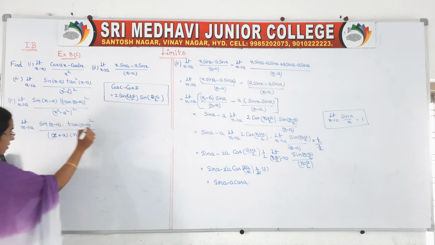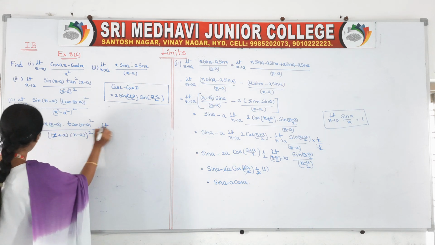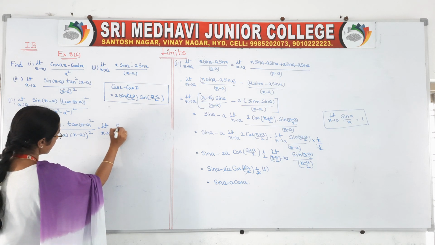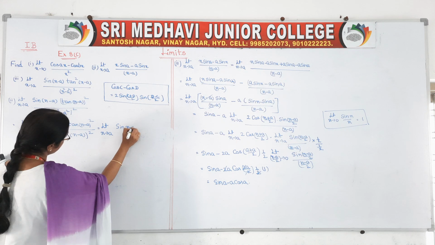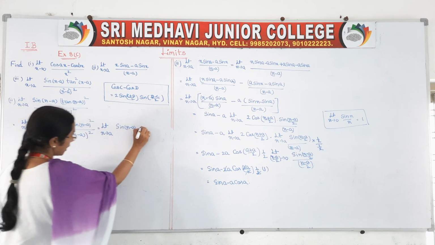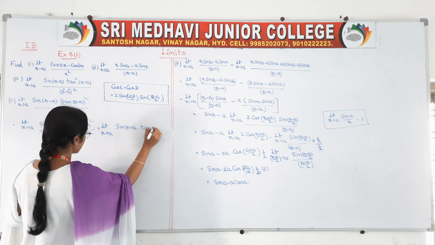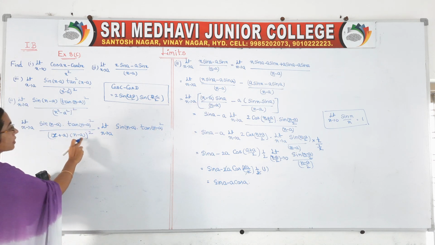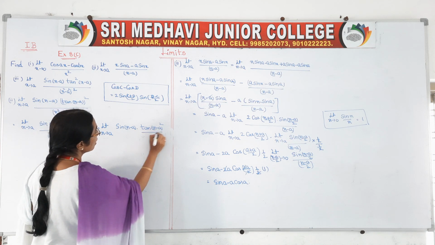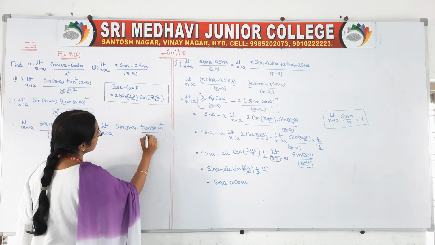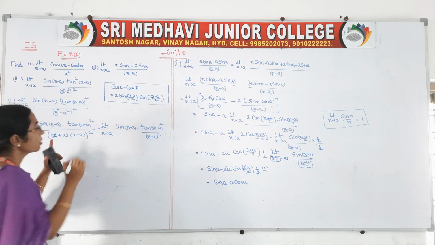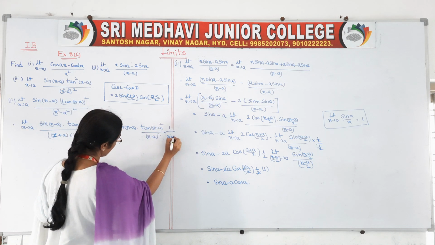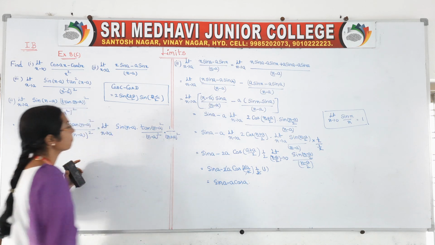Okay, so next step we can write this as limit x tends to a, sin of (x minus a) into tan of (x minus a) whole square, you give this (x minus a) whole square, and you write this one separately, 1 by (x plus a) whole square.